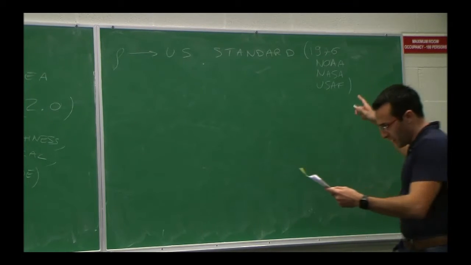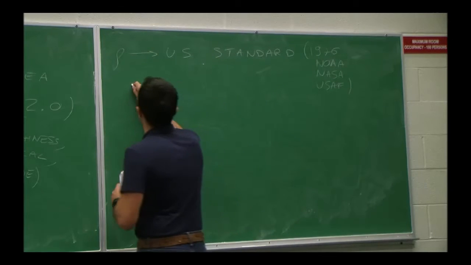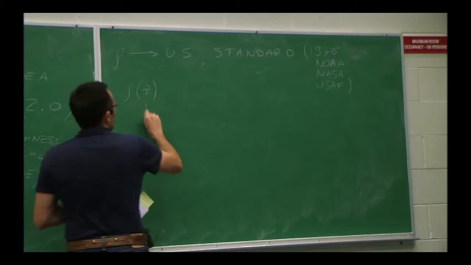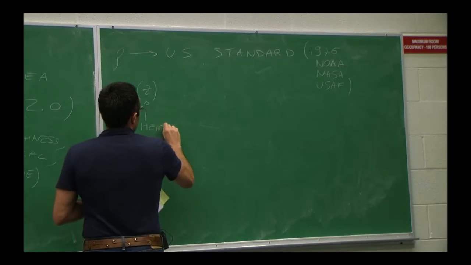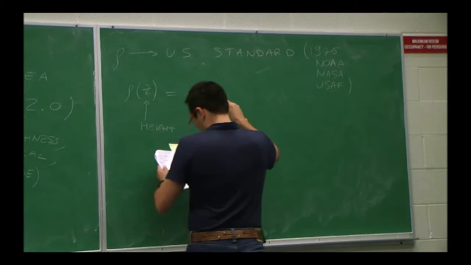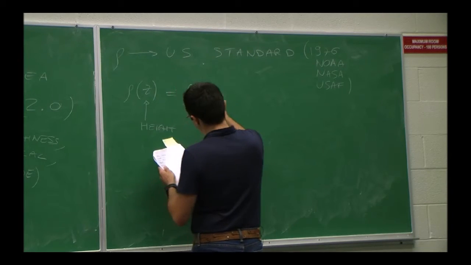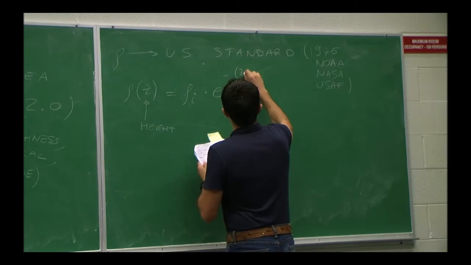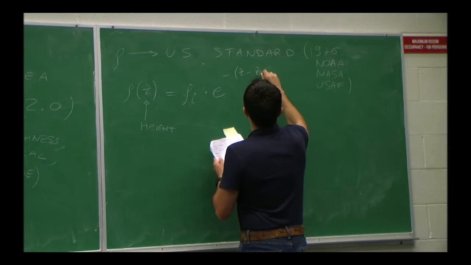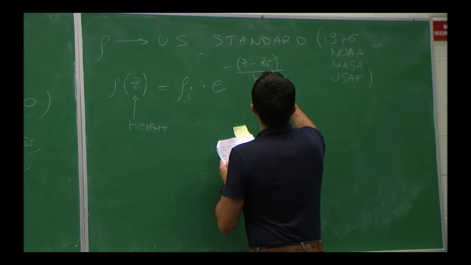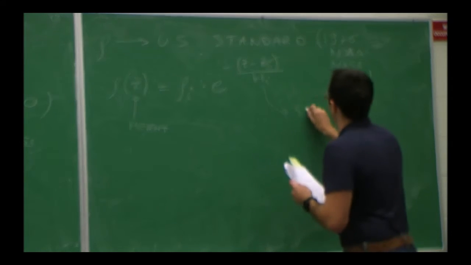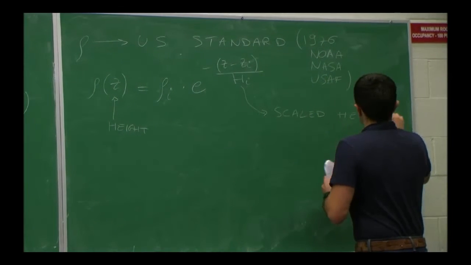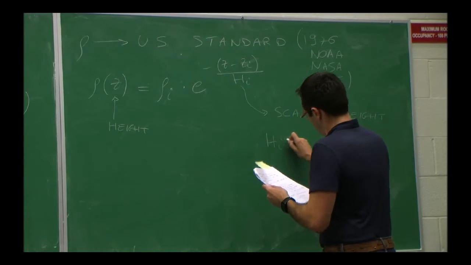So this one, I'll give you a function in MATLAB that spits it out. It's basically telling you that density is a function of the height from the surface of the planet. So this is just height. And it's a simple formula, rho_i, I'll tell you what the i stands for, that multiplies an exponential of minus (z minus z_i) over h_i, where h_i is called scale height, and it's given by this expression.